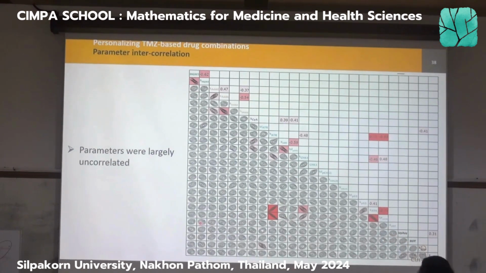So the way to read this is, for instance, if I take this here, this is the contour plot for this parameter here and that parameter here. Here you have the contour plot and here you have the correlation coefficient, so it's just a mirror. Anytime you have red or pink, it means that you have a correlation.